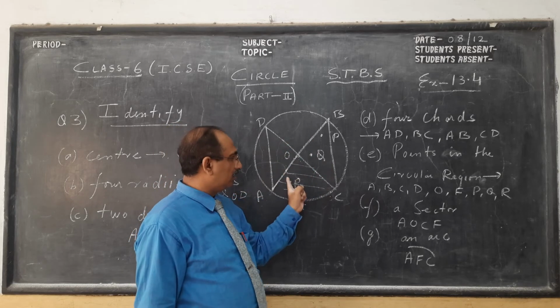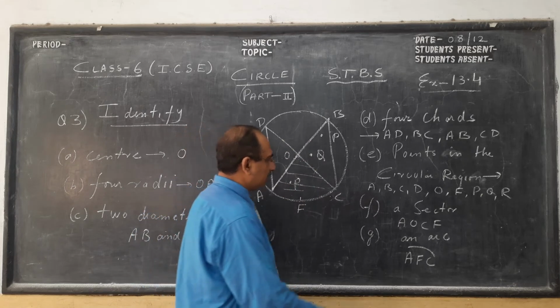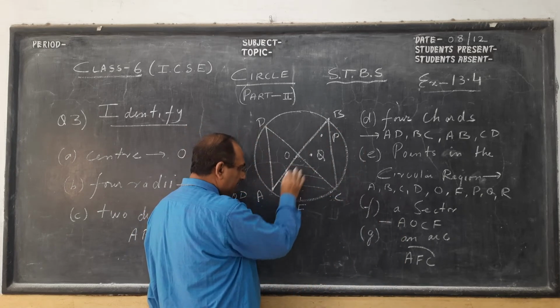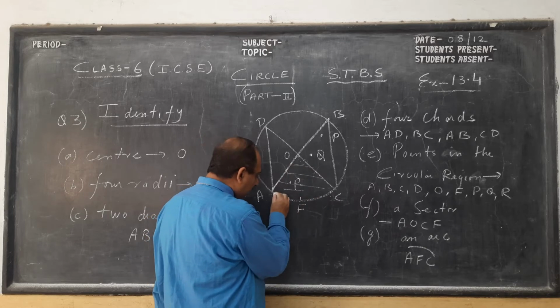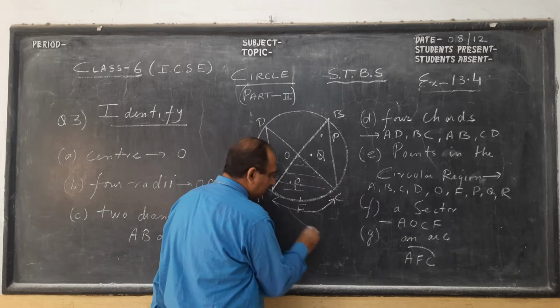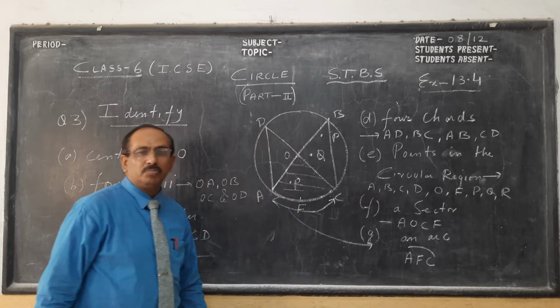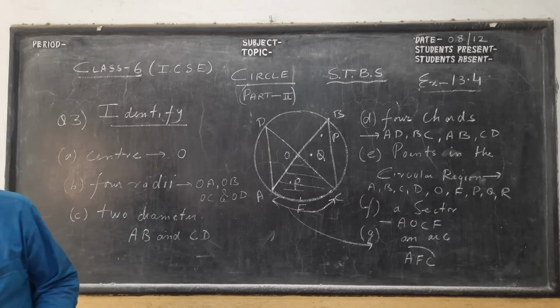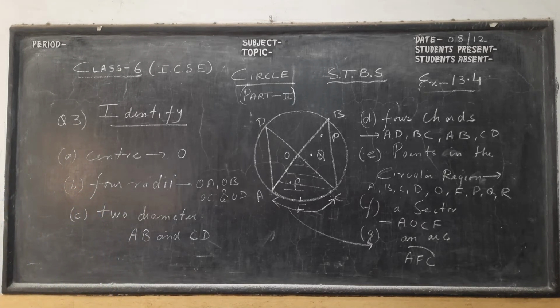All points are there on the circular region. Sector we call like this, AOCF, including the center, I told you. And an arc is this, children, the curve, the last one. So kindly pause the video and copy. Then we will do one or two small questions about radius and diameter before we end today's lesson.